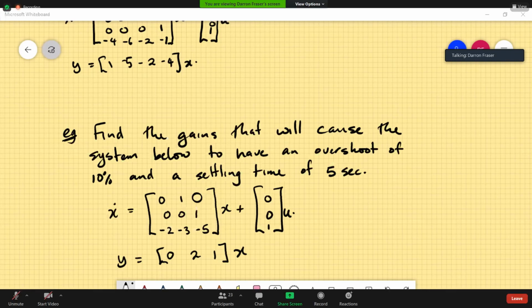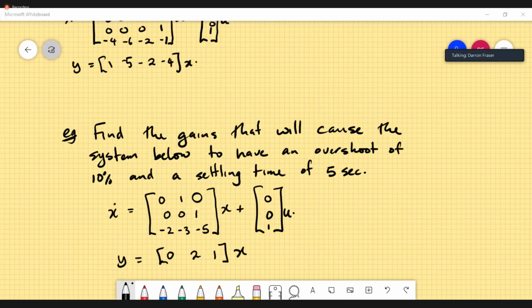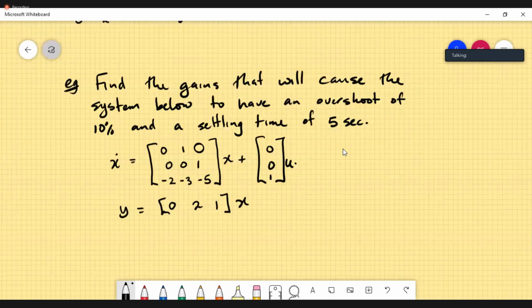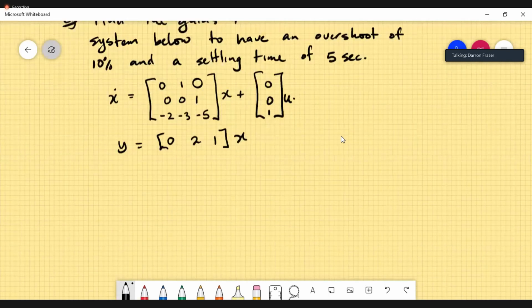So the first thing we have to do is go through the same thing that we talked about last week. So once again we have to find the damping ratio.